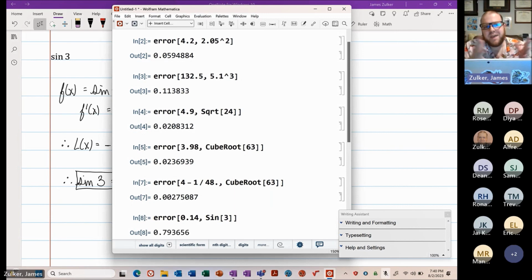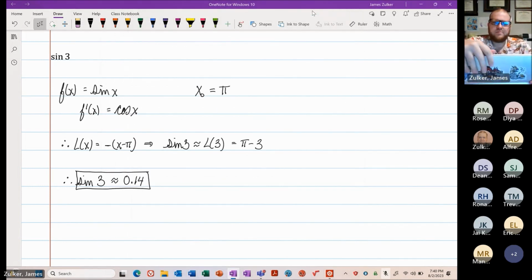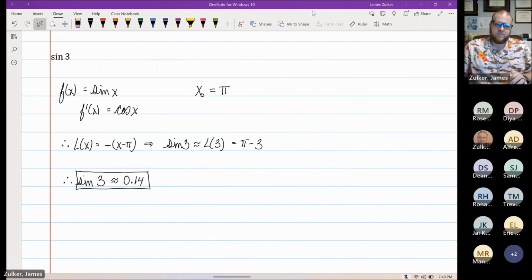And we get about 0.8% error. Right, so you're seeing that this is serving to be a pretty good approximation.